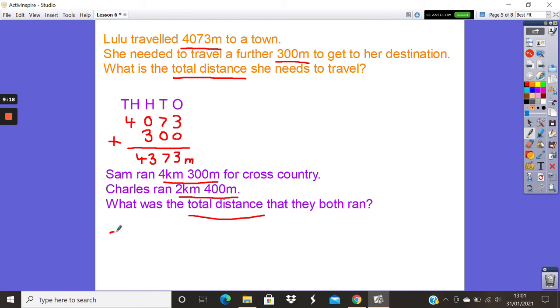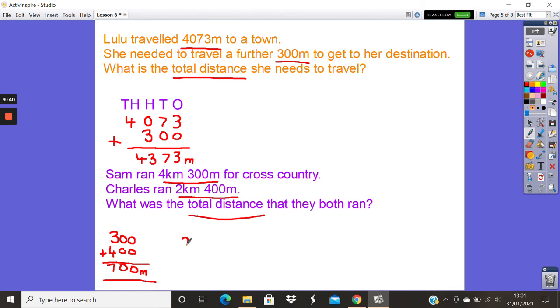Okay, so we've got 300 add 400. Zero add 0 is 0. 300 add 400 is 700. So we've got 700 metres there. And then we're going to add the kilometres.